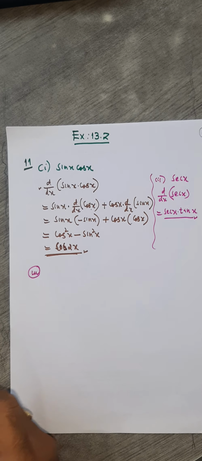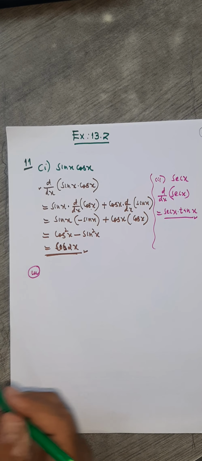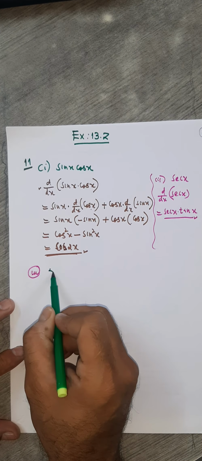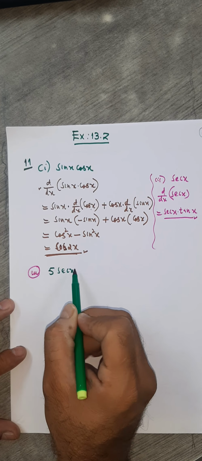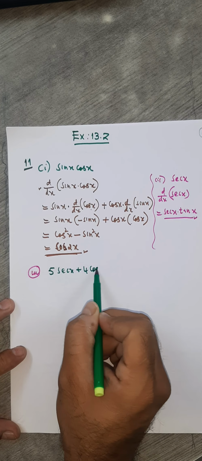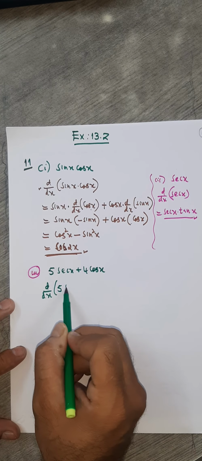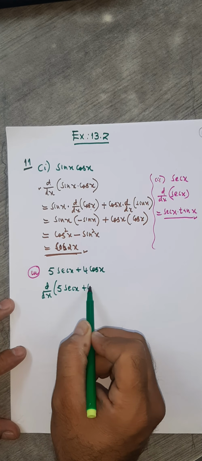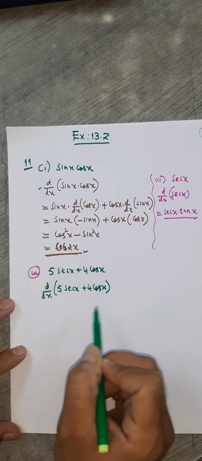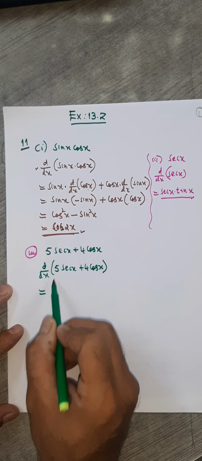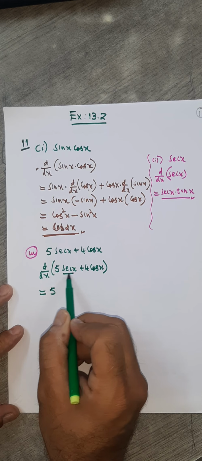Third one. Which function are you given in the third question? You are given 5 into sec x plus 4 times cos x. So d by dx of 5 sec x plus 4 cos x. We are differentiating. 5 being constant as it is, derivative of sec.